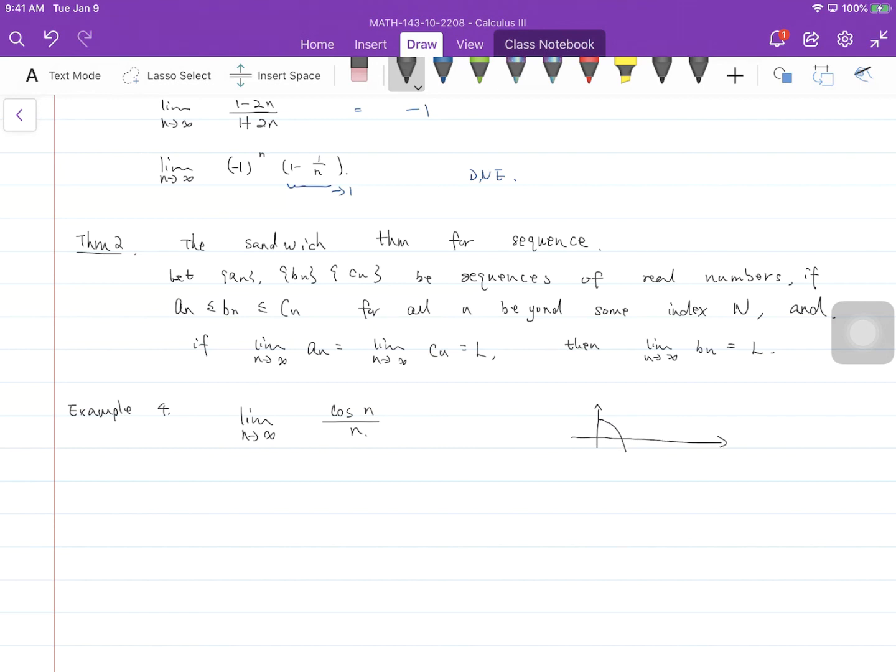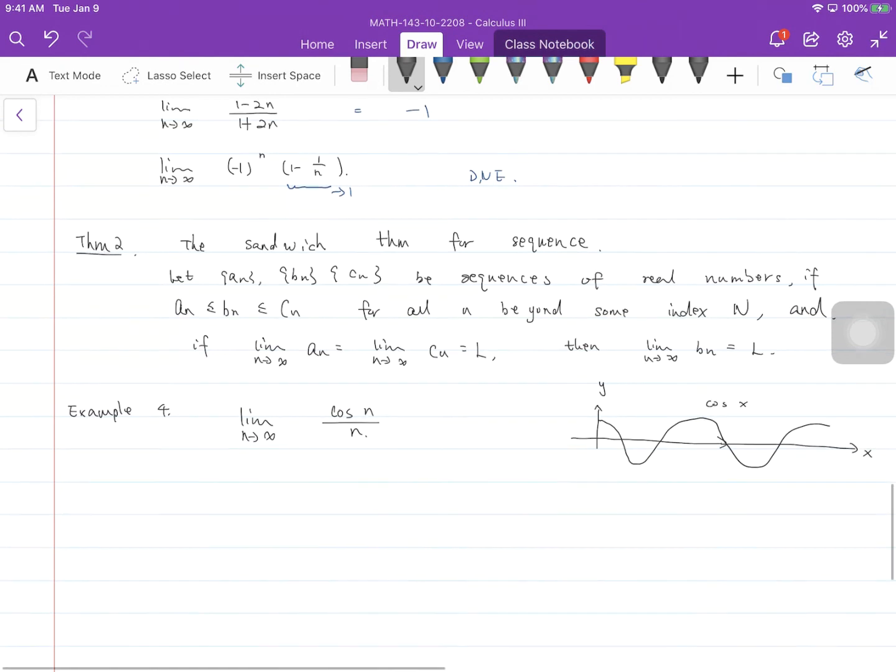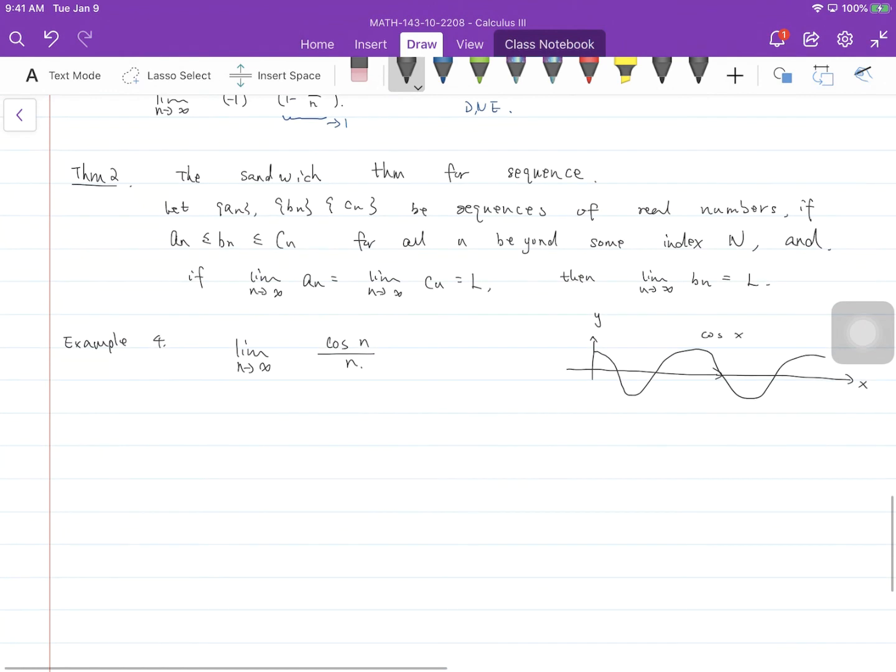So start from here, and it's a periodic function, right? This is cosine x. To find the limit for this sequence, we are going to do it this way. The interesting thing is cosine x is always greater than -1, less than 1.